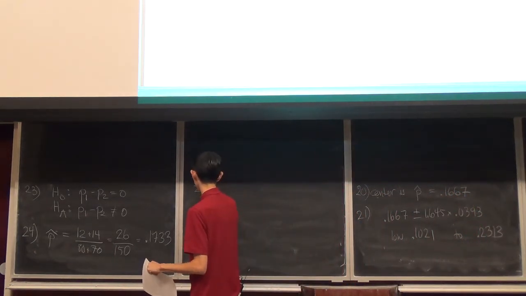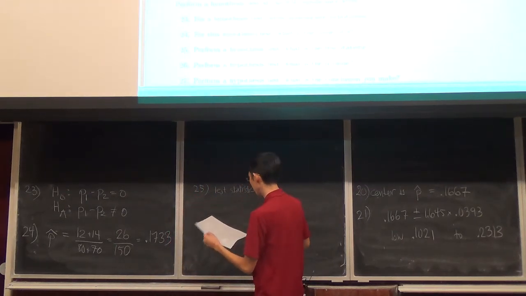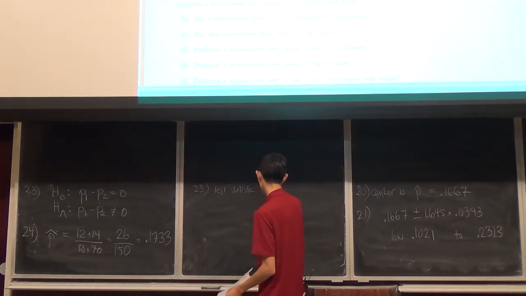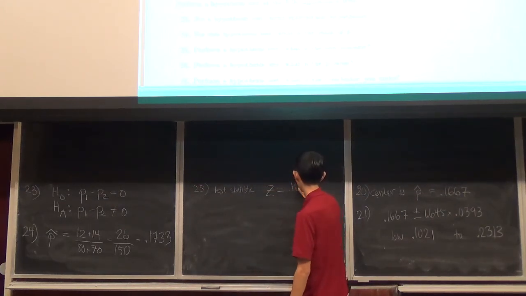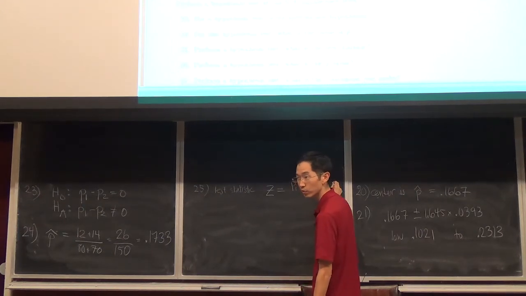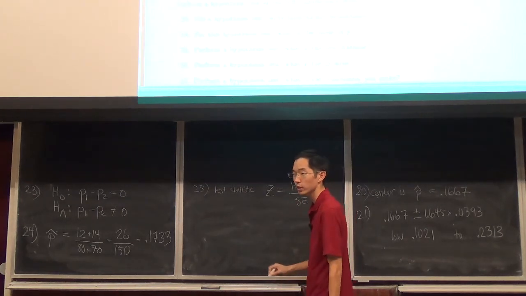25 asks for our test statistic, which involves us finding a z-score, because we're dealing with proportions. And the z-score is going to be P1 hat minus P2 hat, we can include a minus 0 if we want, divided by our standard error.